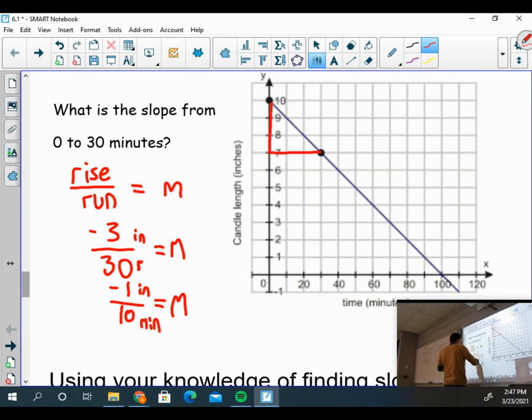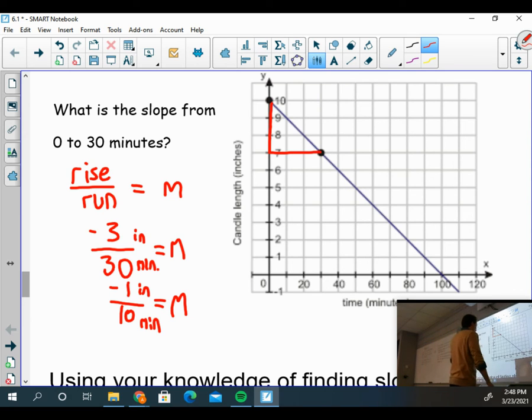So how can we interpret this? Well, the candle's burning, and so the wax is melting. So maybe this is a graph resembling the height of the candle. And what we're observing here is that the candle is going down 3 inches every 30 minutes, or in a simpler form, 1 inch every 10 minutes.